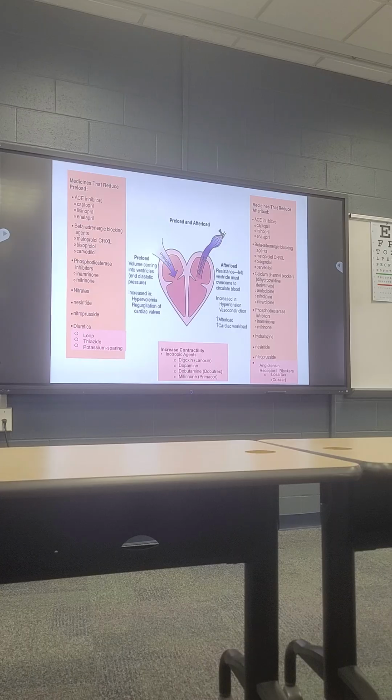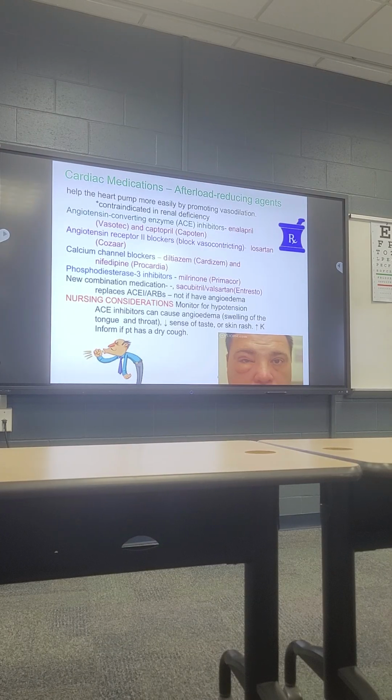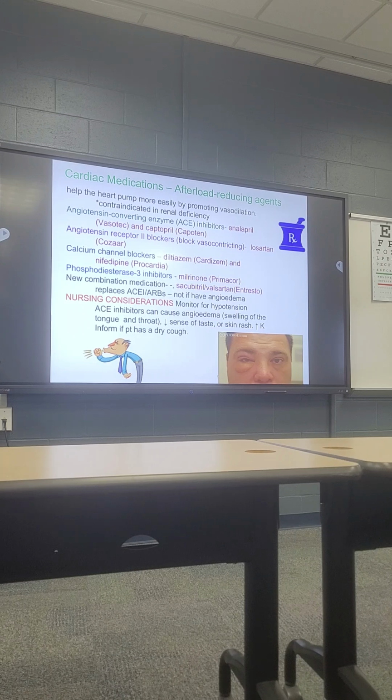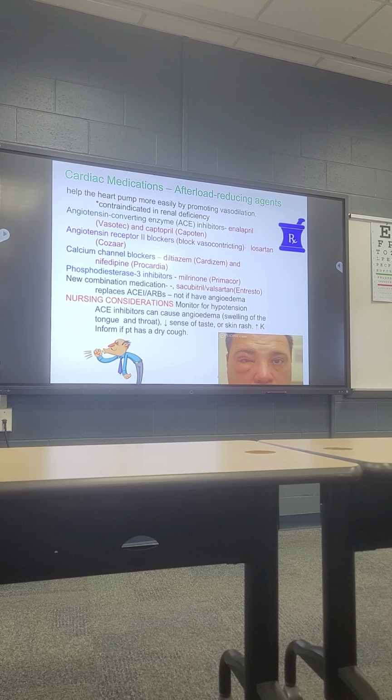Okay. So here are the meds, and why we're giving them. Afterload reducing agents are ACE inhibitors and ARBs. ACE inhibitors have a side effect of an irritating cough. They might develop a cough, so the doctor will stop that and put them on ARBs, which are angiotensin receptor blockers.